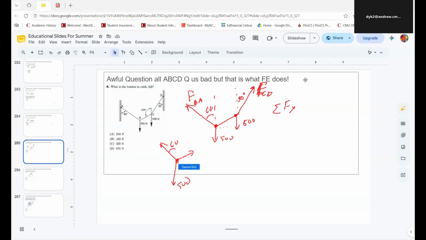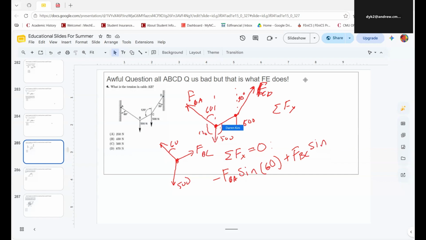I think I could do the summation of Fx equals 0. And we can do FBA, and then cosine, no, sine for this case, I guess, and we minus direction, sine 60. And then it would be plus force BC, and it'll be sine of this angle over here, which we know this is 120, this is 180.